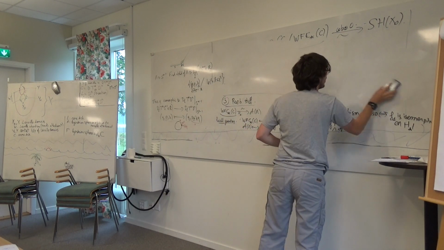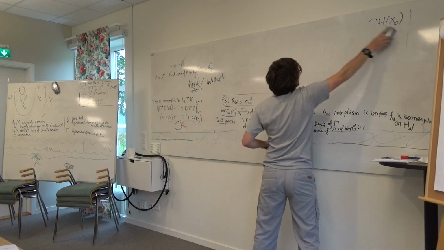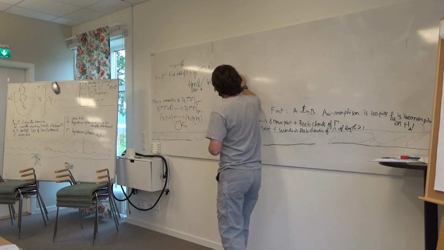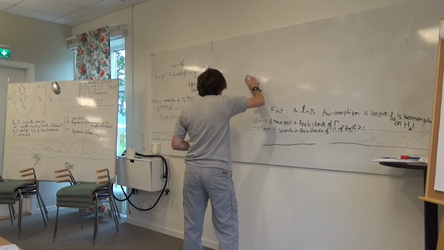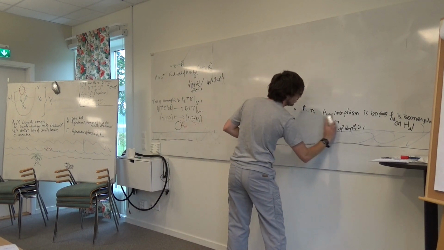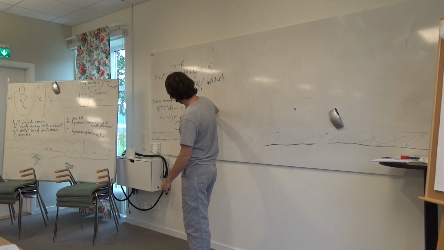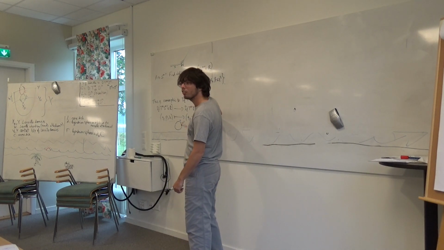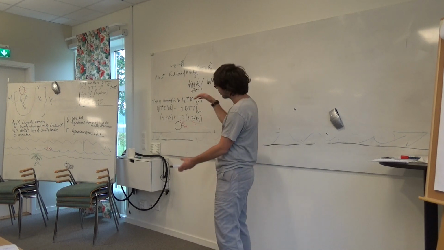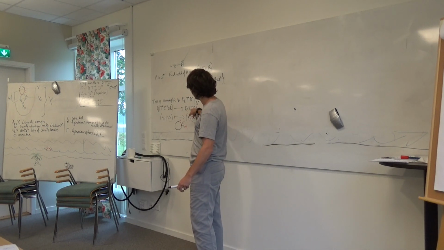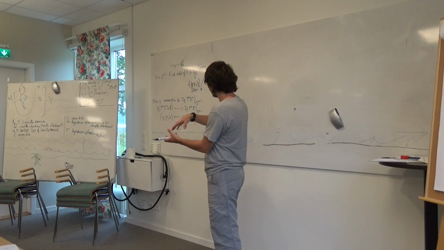And now that I have done that, you can see maybe how I will do my handle attachment. I have a neighborhood of my Legendrian sphere that looks like this, and I just attach D_epsilon T*D^n using this isomorphism.